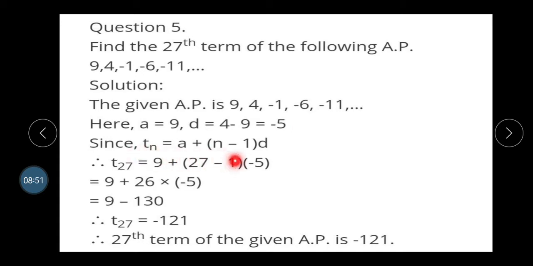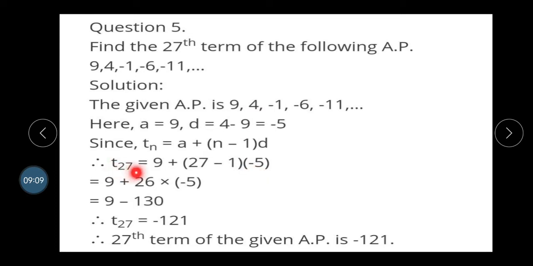We will write our formula, that is Tn equals A plus n minus 1 into D. We will substitute the values. n is 27. So T27 equals, A is 9, n is 27 minus 1 as it is, D is minus 5.